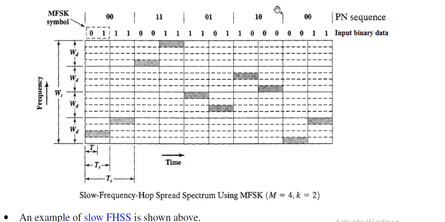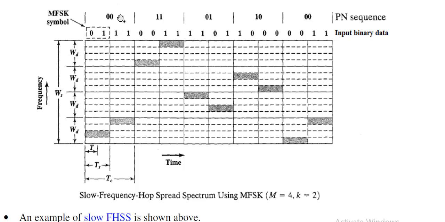This is to encode these channels or these bands, not the data. The data is something else. Okay, so let's focus here. Again, we want to encode this data, and we want to hop between different frequencies using a pseudo noise sequence. Let's see what happened.